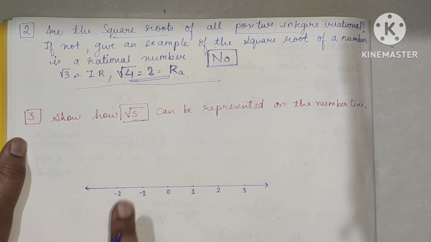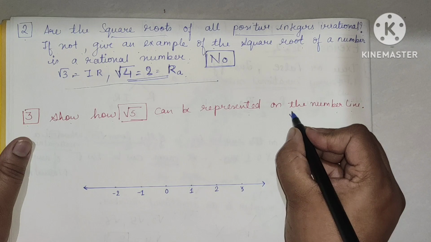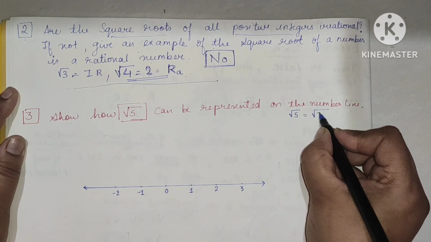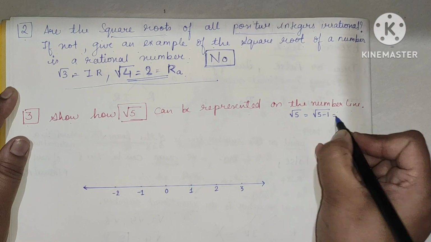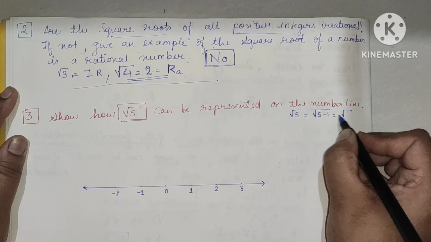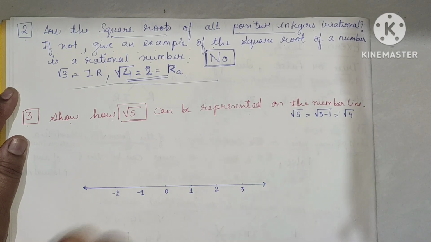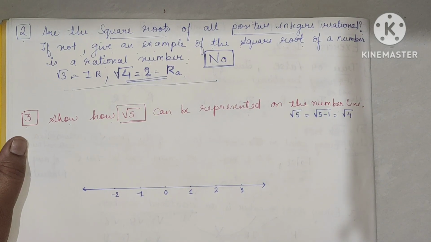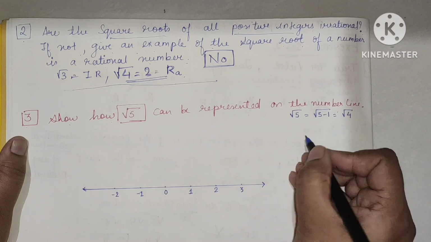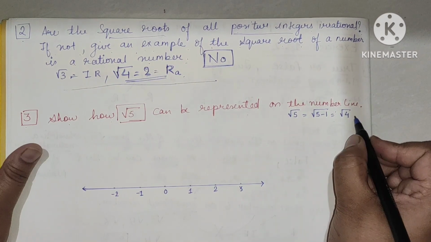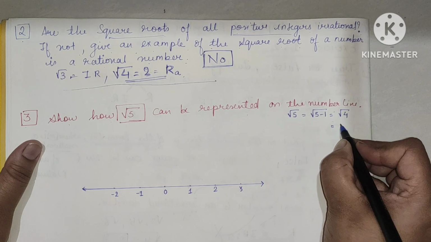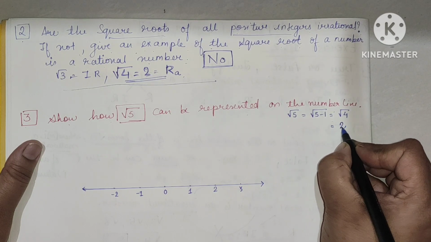First of all, for root 5, what you will have to do? You will have to find 5 minus 1. Therefore, you will first have to find the square root of 4. Now square root of 4 is what? 2.